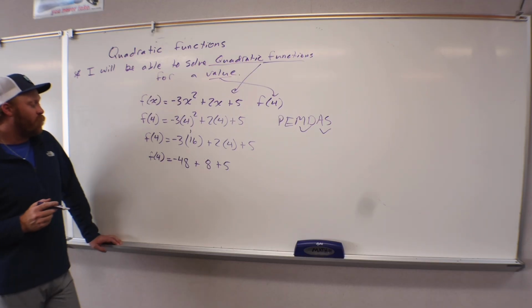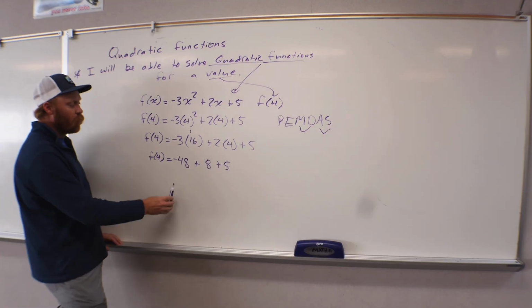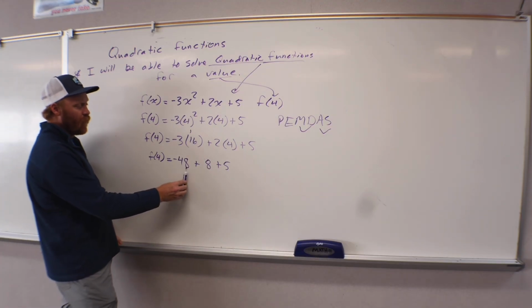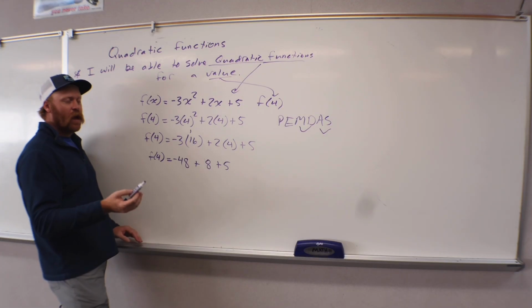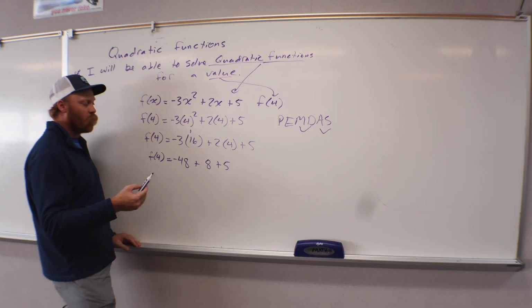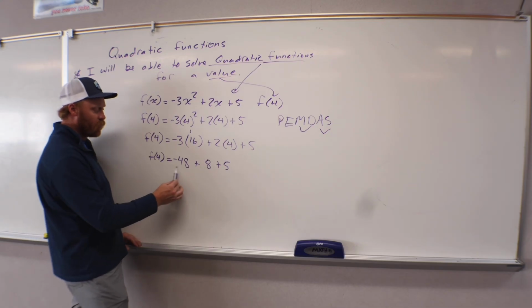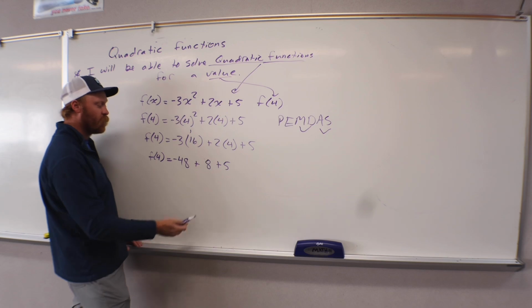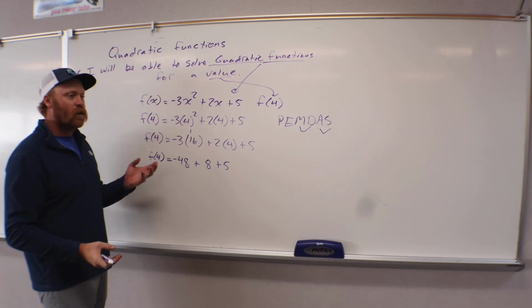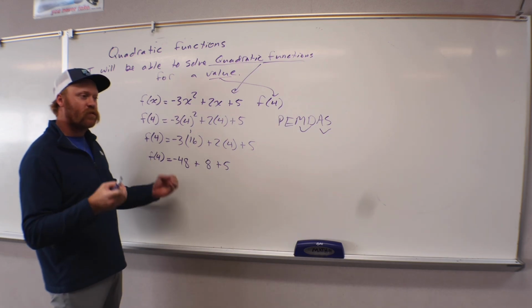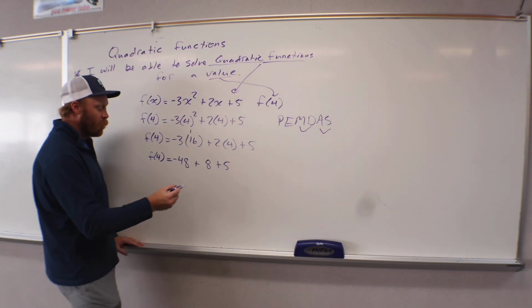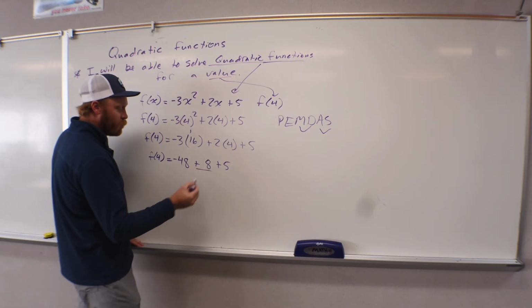We're on to adding and subtracting. Now, when we're looking at negative 48 plus 8, I ask myself, do I have more negatives or more positives? In this case, I have 48 negatives and I have 8 positives. I kind of think about each negative and each positive summing to 0. Here I got positive 8.